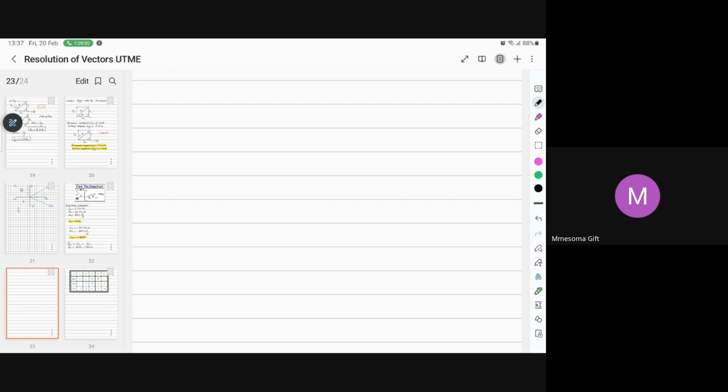Yeah, so let's move to the vertical components. All right, vertical component.